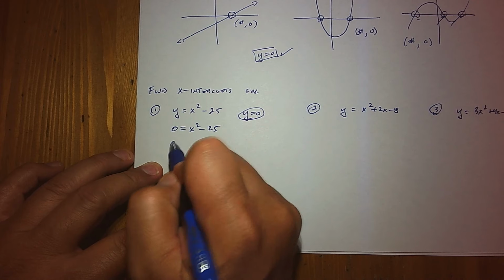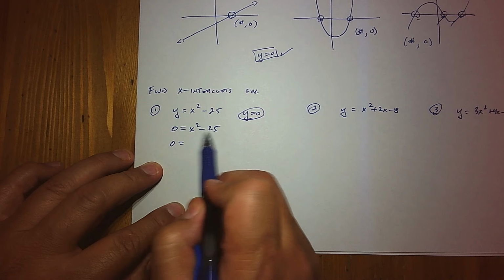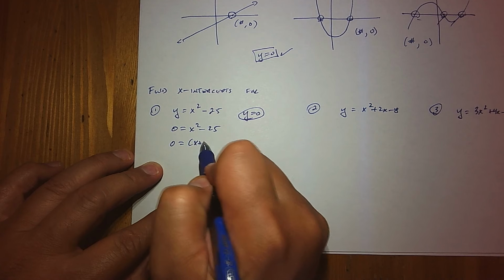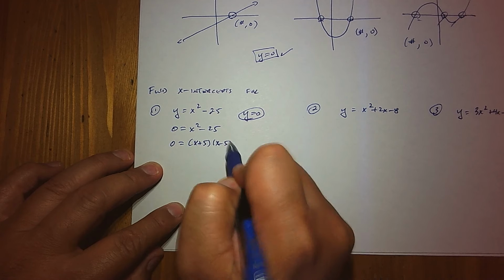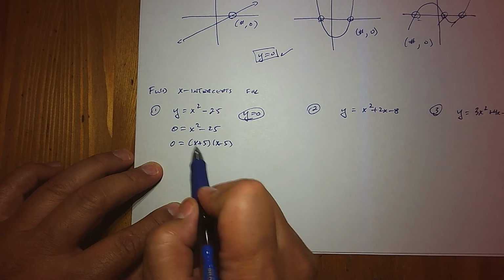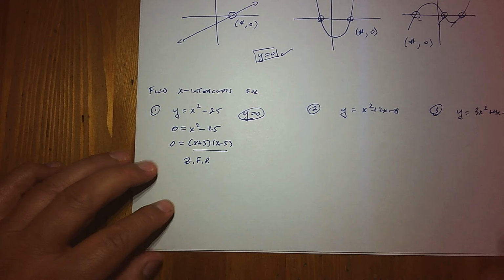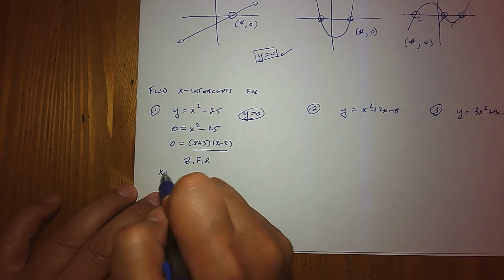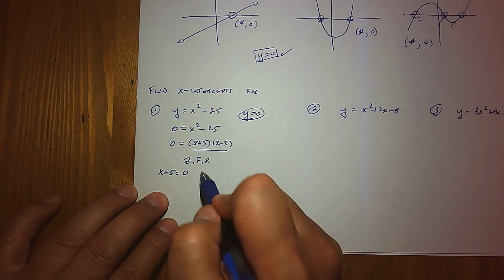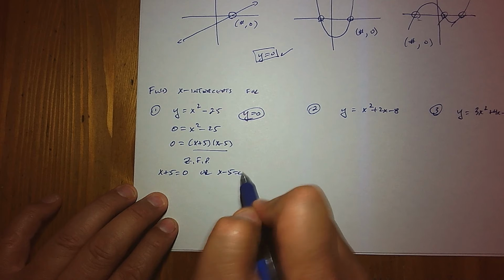We factor this. This is a difference of squares pattern, so x plus 5 times x minus 5. And I now have a product equal to 0. So the zero factor property again is in play. So we now know that x plus 5 is 0, or x minus 5 is 0.